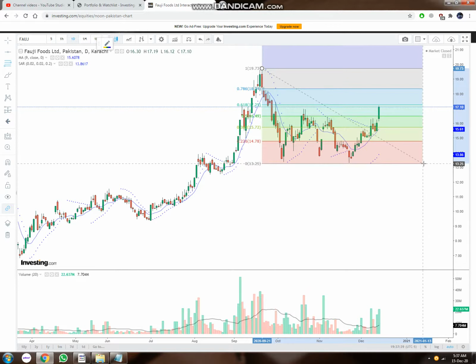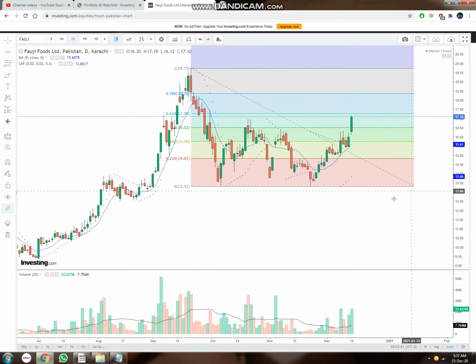This is also a great tool that you can use to show you where the pullback might occur. Now this was a move in a downtrend. Now as you can see, I've pulled this chart up. How much is it? 58, no, how much? 61% retracement level.